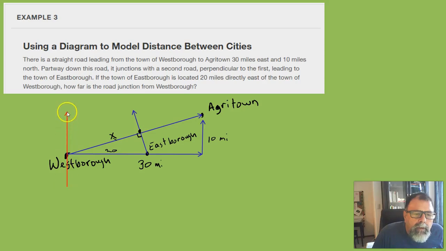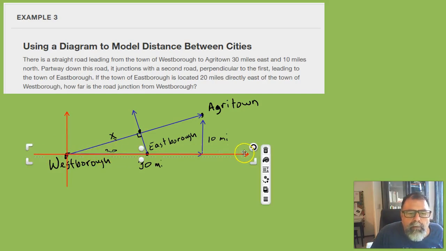So here's X, and this is arbitrary, right? So we can put our axis anywhere we want. So on this red XY axis, Agritown is at the point 30, 10, and Eastboro is at the point 20, 0.